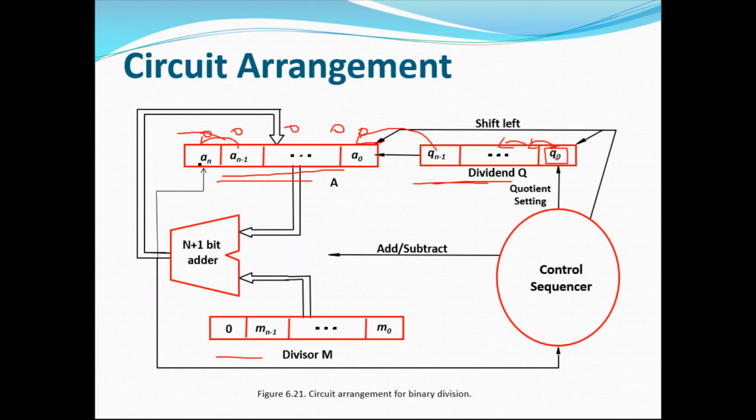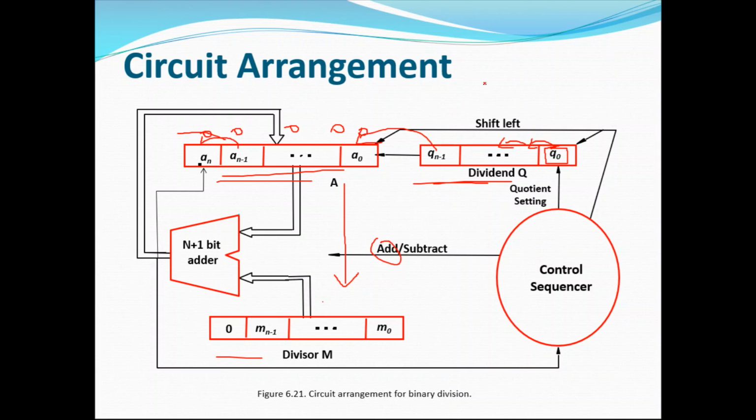But after shifting, what you have to do is subtract the divisor. The divisor should be subtracted from A. Actually we don't subtract, we add the 2's complement of the divisor.